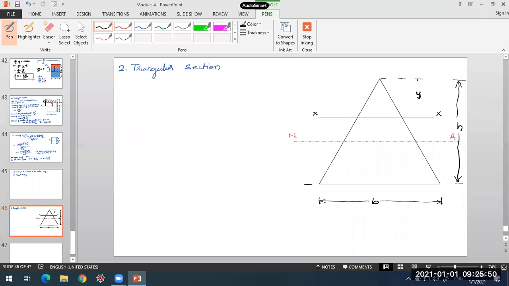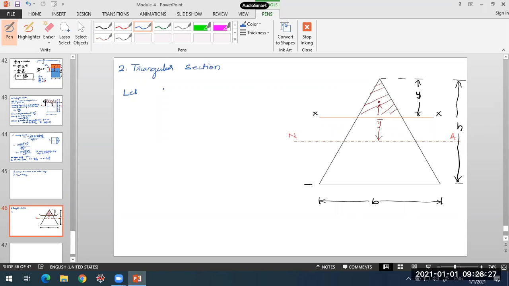For this shaded area, I want to know the area and the distance of its centroid measured from the neutral axis, that will be our y bar term. So these two have to be determined.